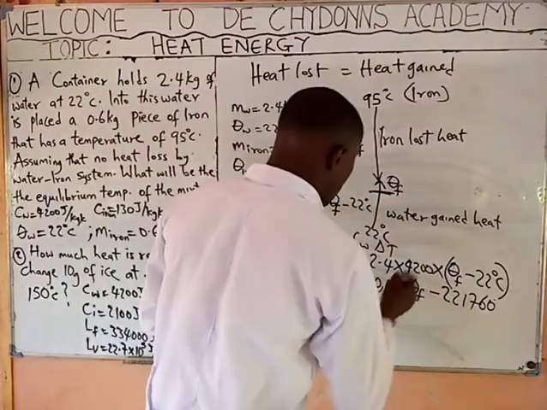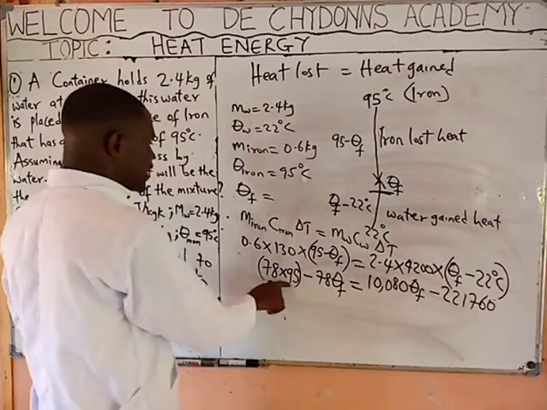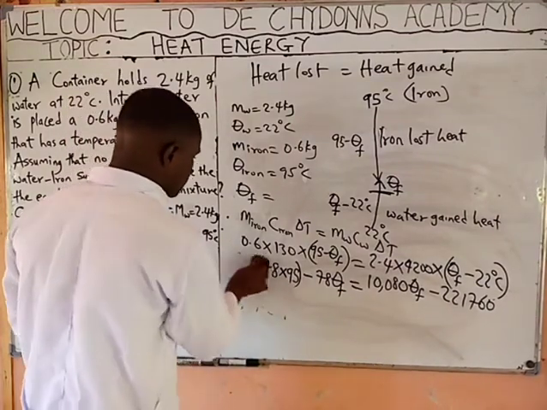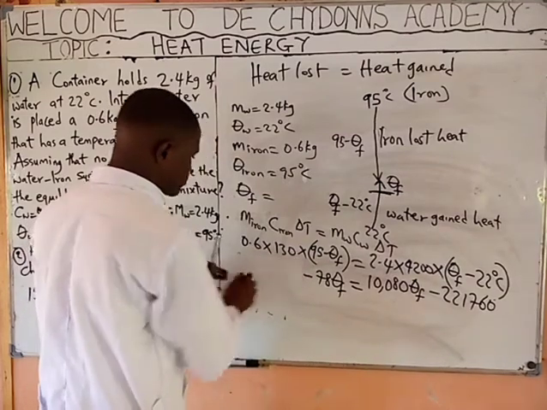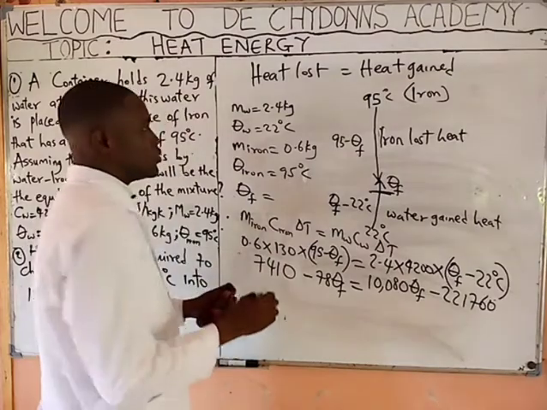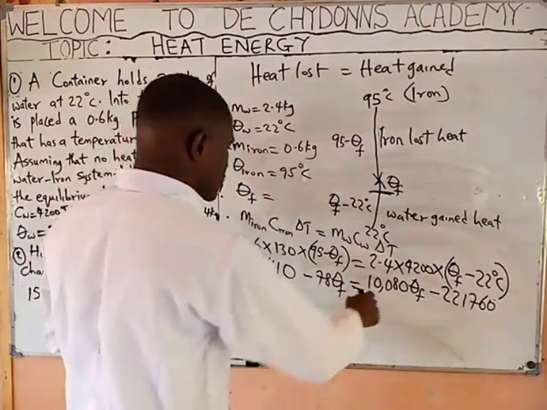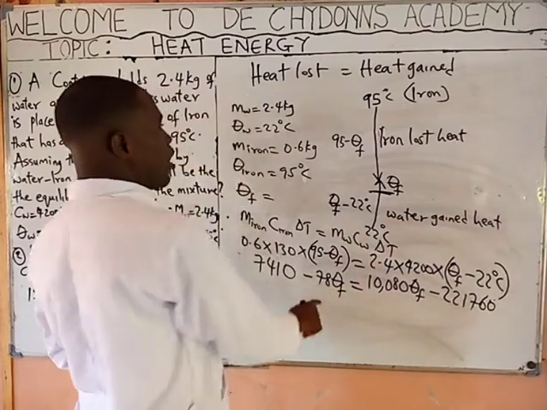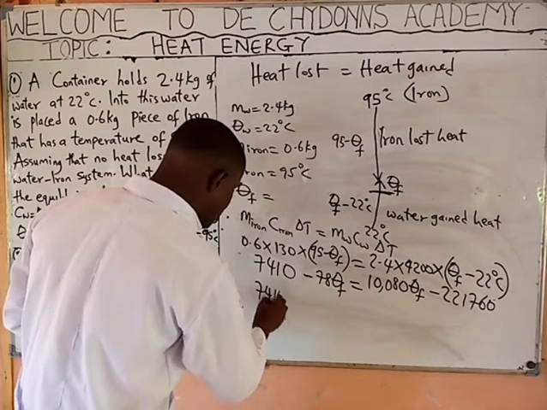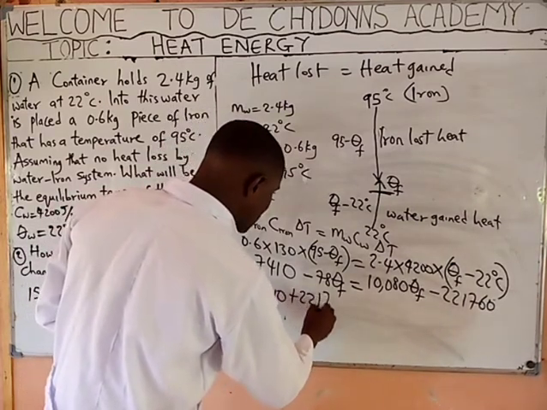Okay? So what you now do is that this times this will be giving us 7,410. So what you do now is that you collect like terms. This plus this, that will be giving us 7,410 plus 221,760.